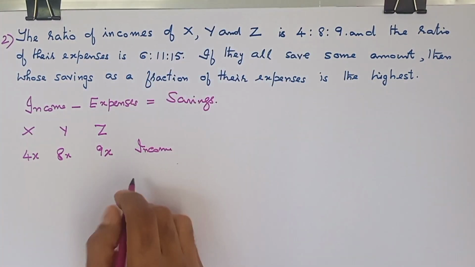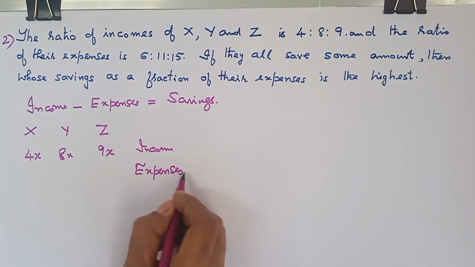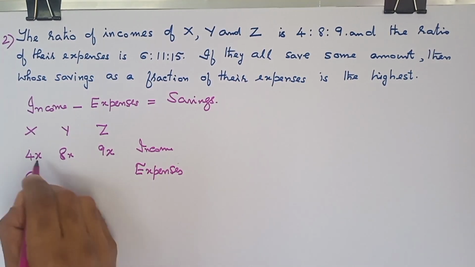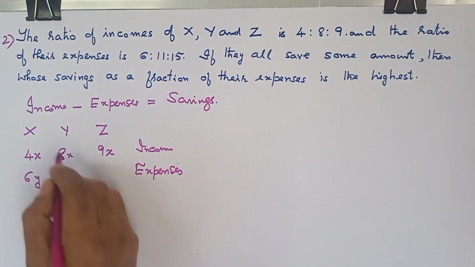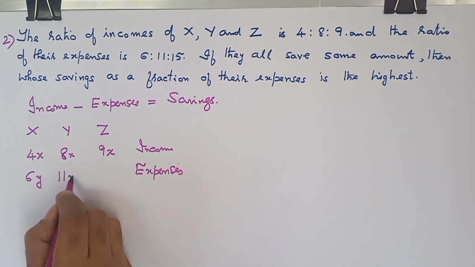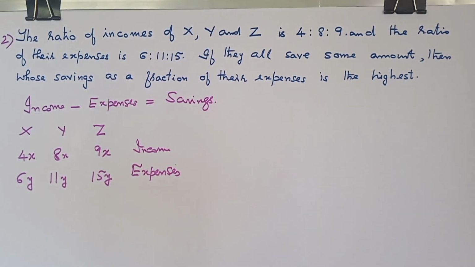Let's write below that their expenses. Some multiple, but don't use the same variable. So these are the expenses of the three people.